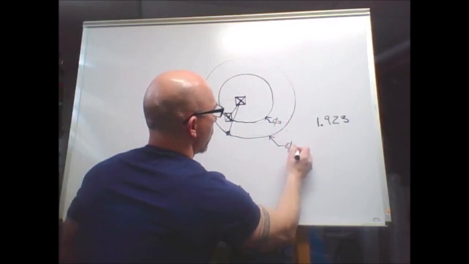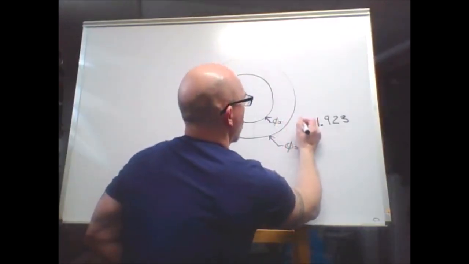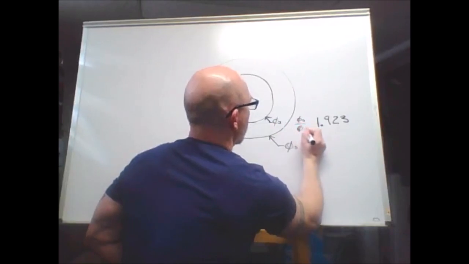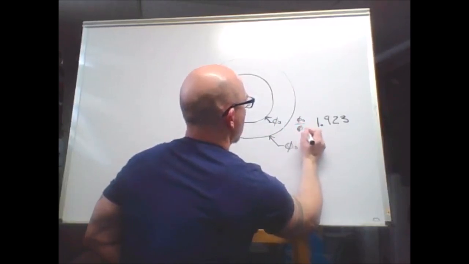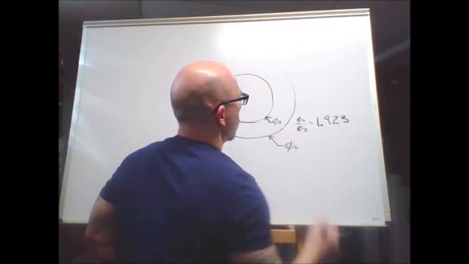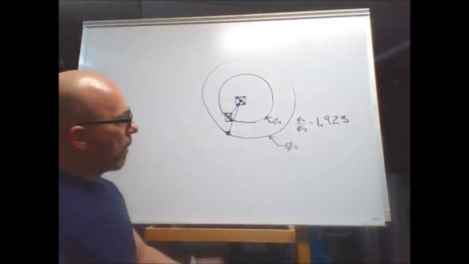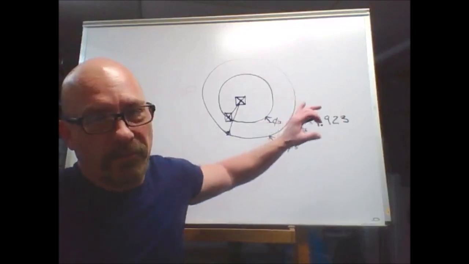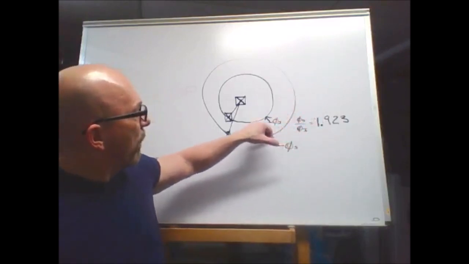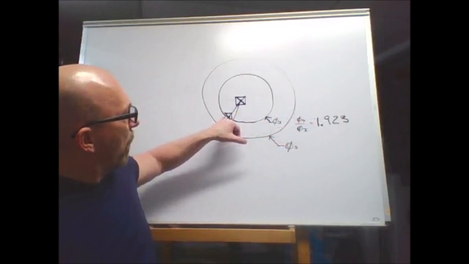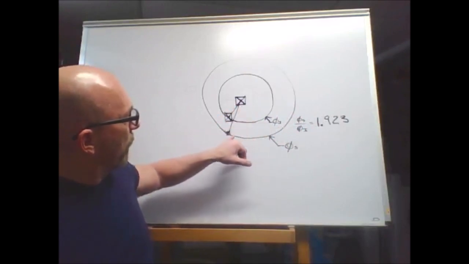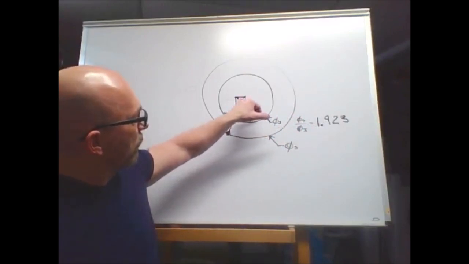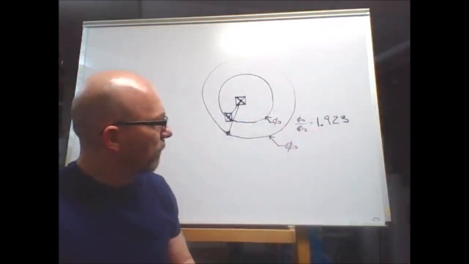This is the diameter of Saturn. So the diameter of Saturn over the diameter of Jupiter equals 1.923. I'm sorry, the diameter of Khafre to Khufu and Menkaure to Khufu is this.